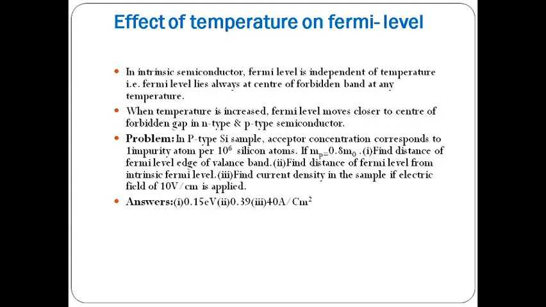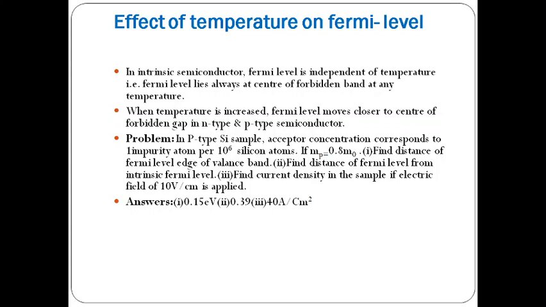Clear? So here I mentioned a problem. In a p-type silicon sample, the acceptor concentration corresponds to 1 impurity atom per 10 power 6 silicon atoms. If Mp equals 0.8 m naught, where m naught is the true mass, we know it equals 9.1 into 10 power minus 31 kg.